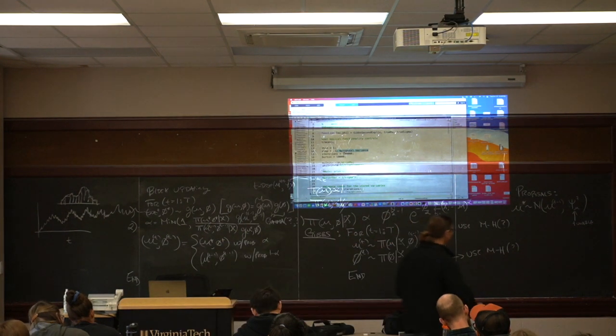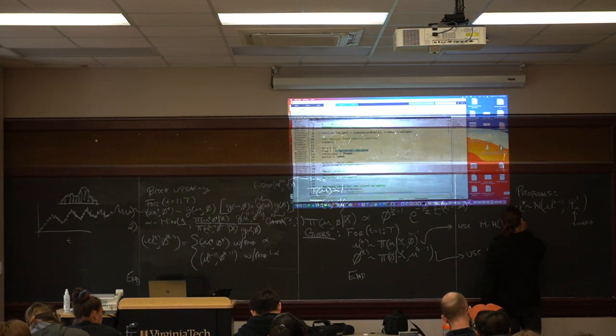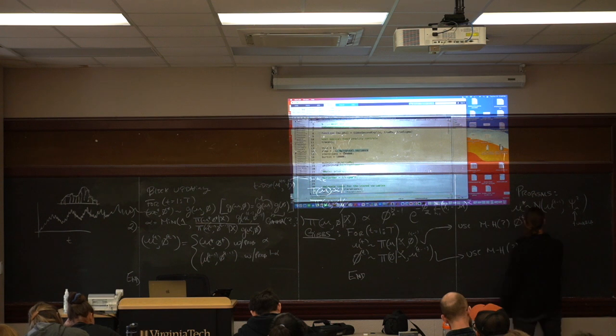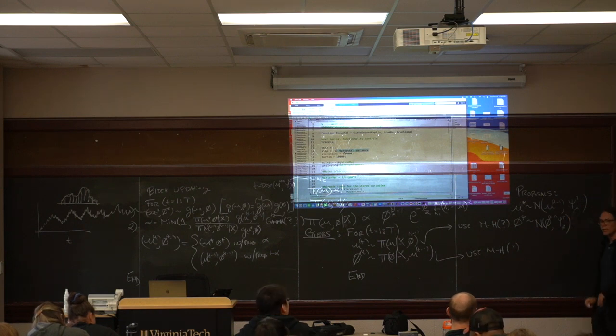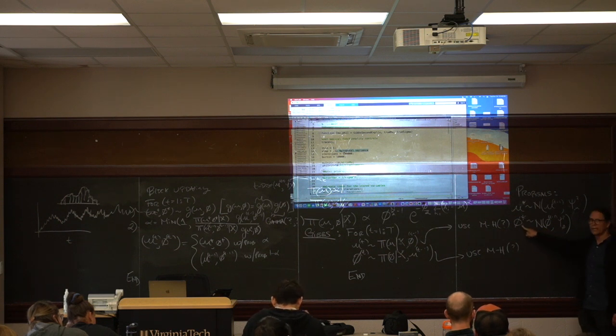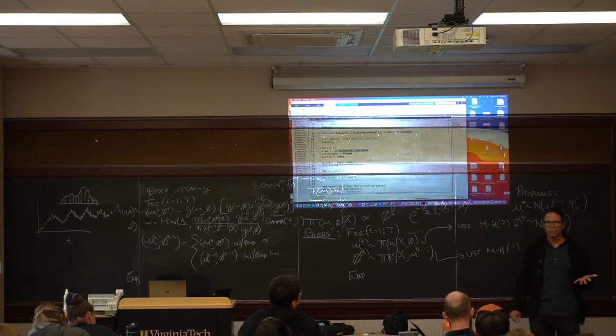Then I'm going to do something like this: phi is normally distributed around phi at t minus 1, and then I'm going to have some variance here for phi. That's also going to be a tunable. And I know what you're thinking. That's not right, because this could go negative and the precision has to be positive.